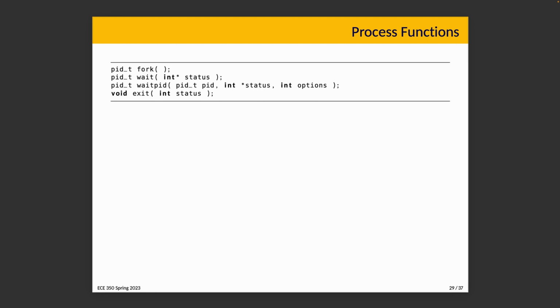And then there is exit, and exit terminates the currently executing process as we would expect, and it returns a value. That value may or may not be collected by the parent. It's possible that the parent doesn't care, and for a process whose parent is init, init most definitely does not care, and that's fine.